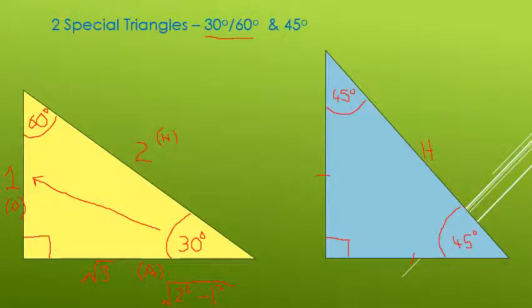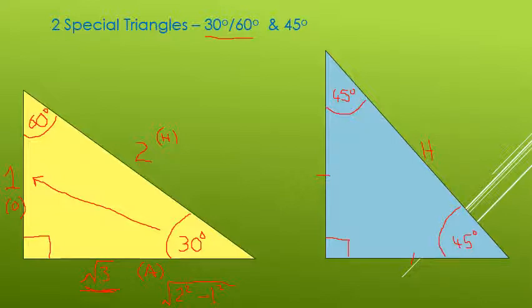So they're the three special sides of the right angle triangle with 30 degrees in one corner and 60 degrees in the other corner. If the fact we remember is the opposite of 30 is 1 and the hypotenuse is 2, then we can work out the length of the third side by using Pythagoras, and it comes out to the square root of 3. And they're the exact values of this triangle.